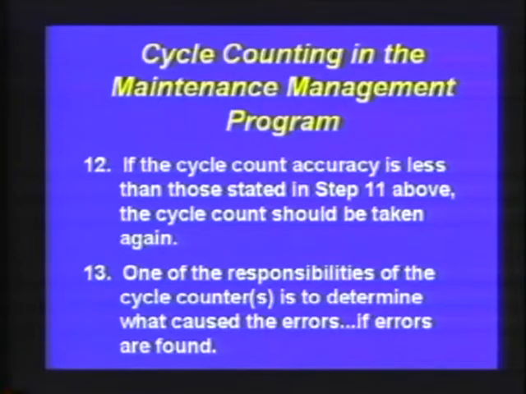Well, if we have a secure storeroom, and if we are recording those 4 transactions that we addressed just a moment ago, the chance of errors should be negligible. But you know, we're human, we're going to make a mistake, and therefore we should try and determine what caused the error and take corrective steps.